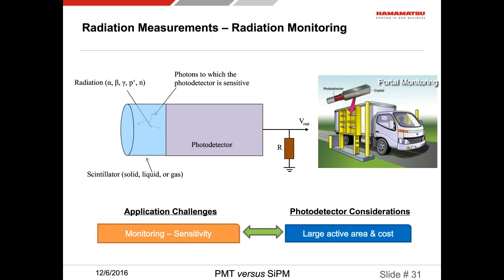Finally, let's discuss the third application, radiation measurement. There are two types of radiation measurements. The first one, we are just interested to know whether radiation is present or not. But what do I mean by radiation? By radiation, I mean particles, like alpha particles, beta particles, gamma rays, protons, neutrons, electrons, that a photodetector directly cannot detect.